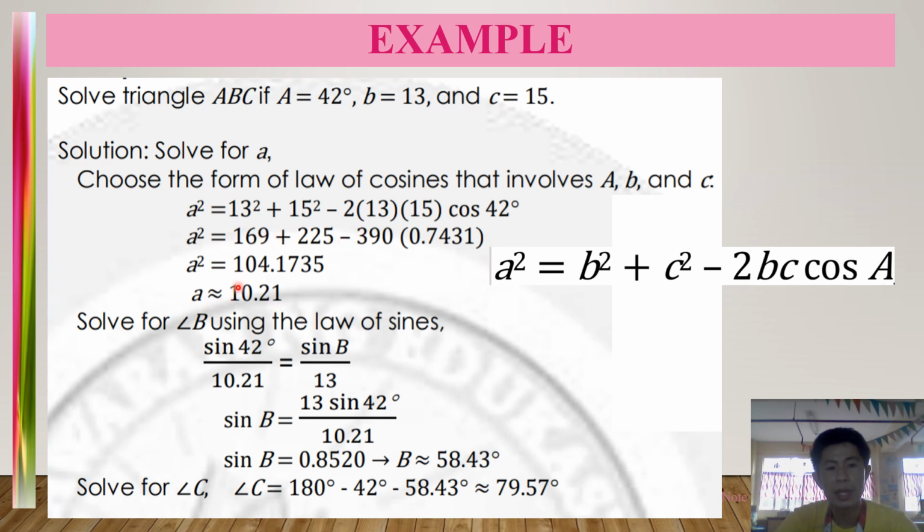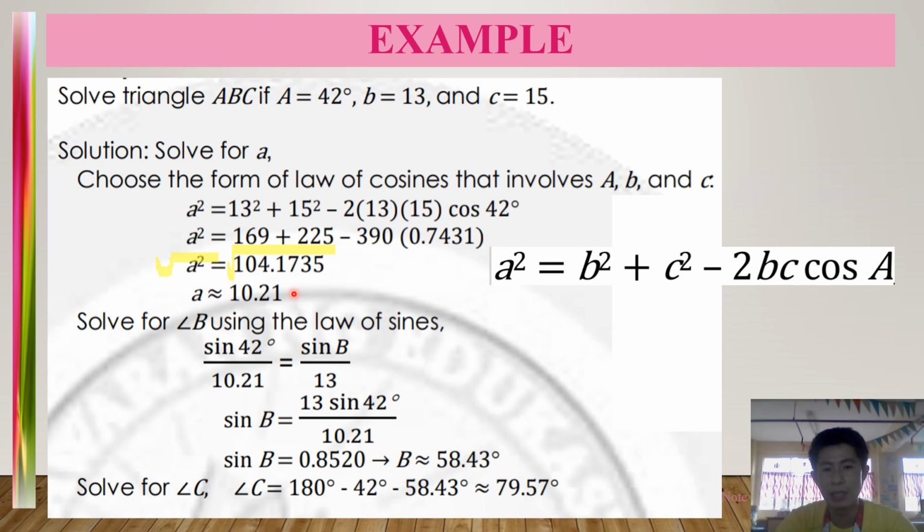Okay, next. Since A squared to, ang hinahanap natin ay value lang ng small letter A. So, we need to extract the roots. Okay, ilalagay natin siya sa loob ng radical symbol. So, the square root of A squared is equal to A, and the square root of 104.1735, that is approximately equal to 10.21.